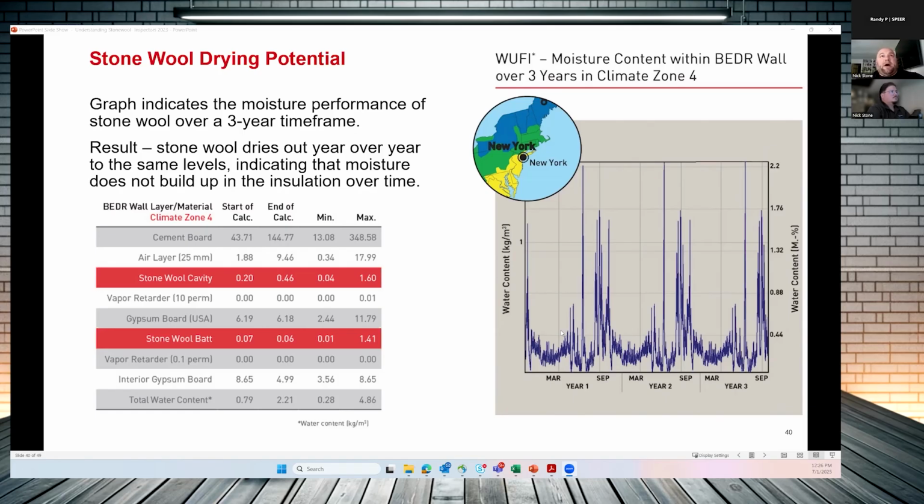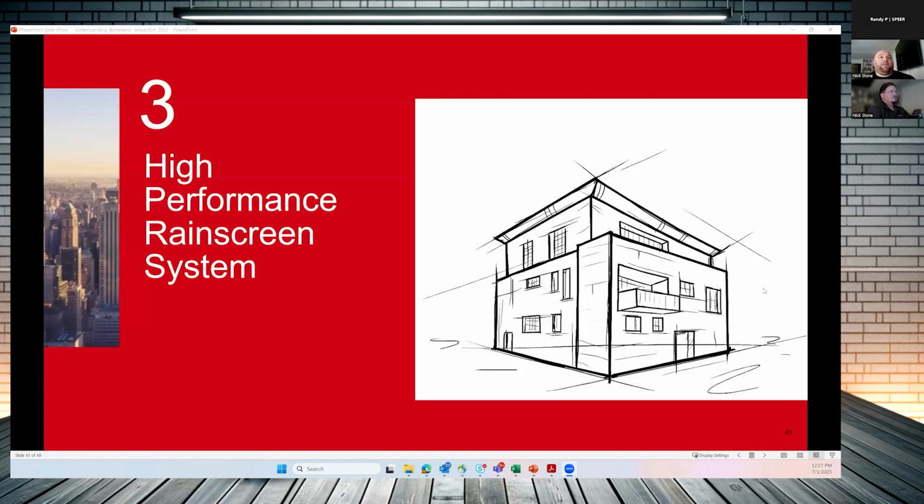We have the WUFI hydrothermal analysis that we offer. We do it for free. We do them every single week. It's something that I find super beneficial to know where my benchmark is, where my starting point is, and keep working your way from there. So just a little throw out there in case that is something you're interested in.